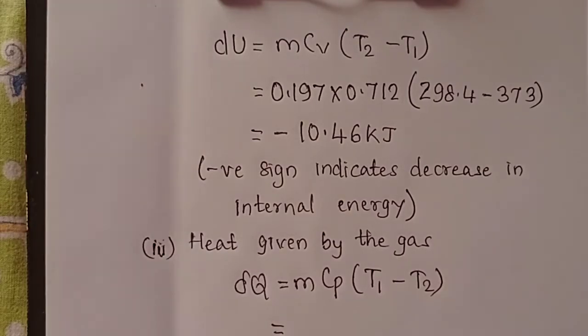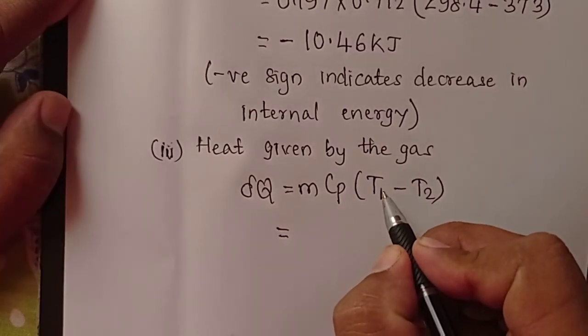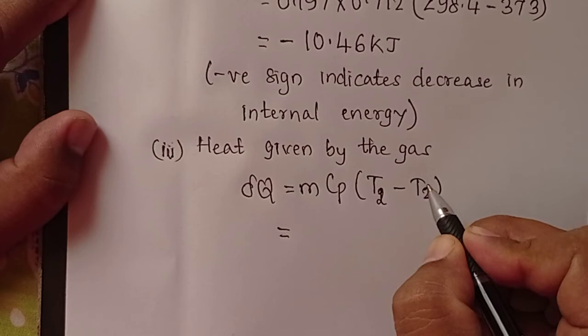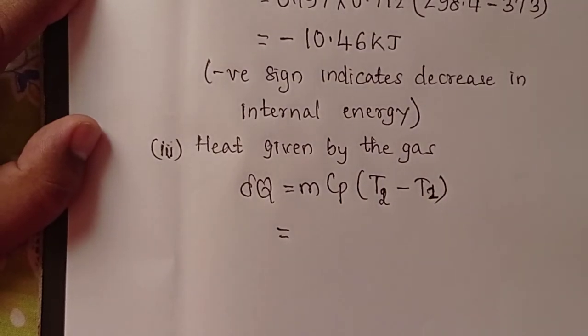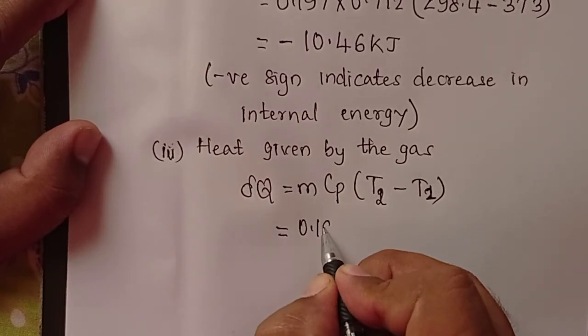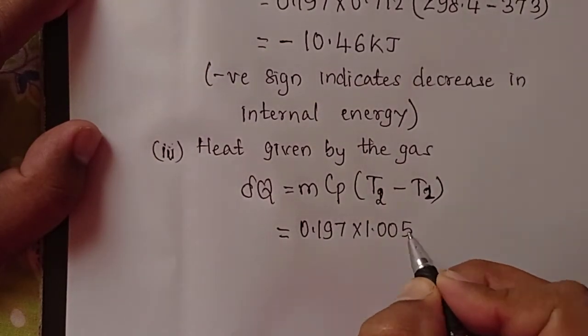Right? So heat given out is always negative. Clear? So when it is negative, you can write this equation as T2 minus T1.